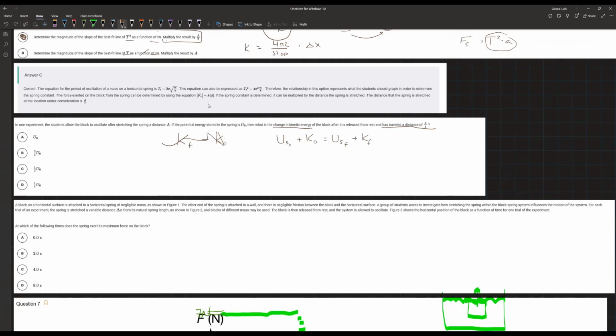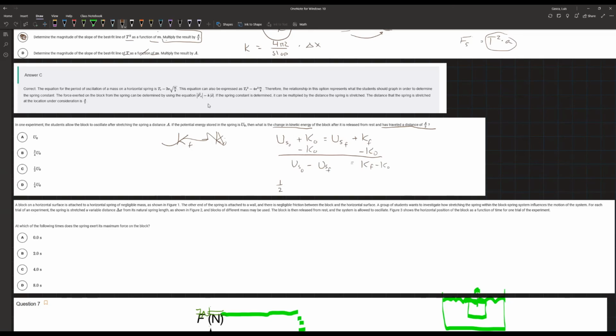Now we're looking for the change in kinetic energy. So that means that we're going to want to move over K naught. And so over here we get K final minus K original is going to equal the spring potential energy at the beginning minus the spring potential energy at the end.